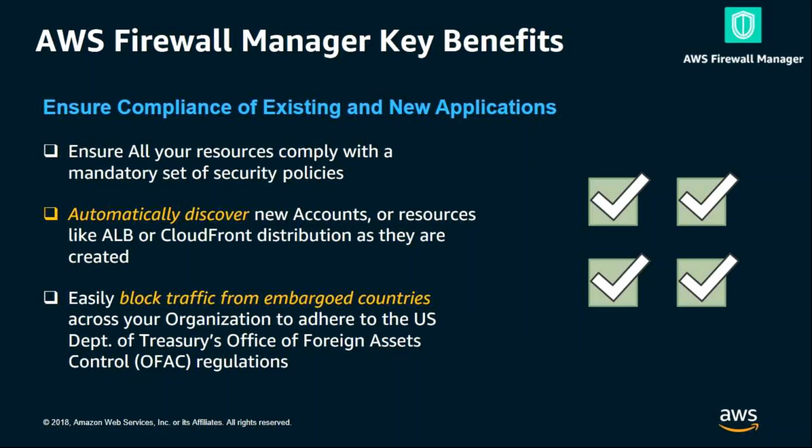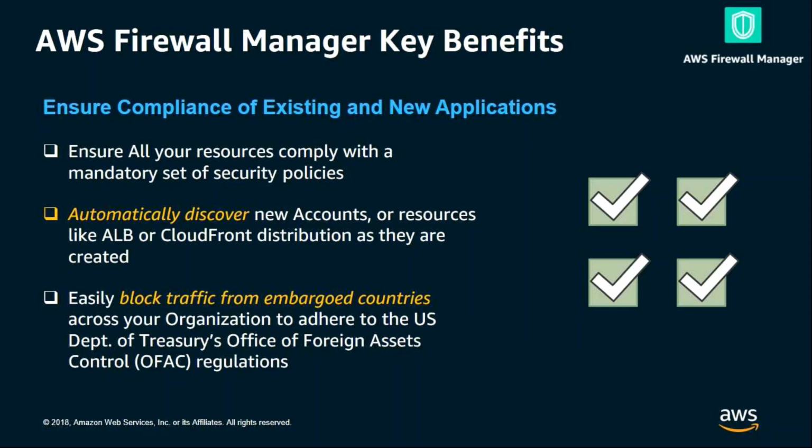How do you ensure that all these are consistently protected even as new resources are created? That's where Firewall Manager helps by automatically monitoring for new resources and new accounts. And it not just discovers them, but also gives you an option to automatically remediate, so that you can choose to either just notify yourself or automatically apply those policies on those new resources or accounts as well.